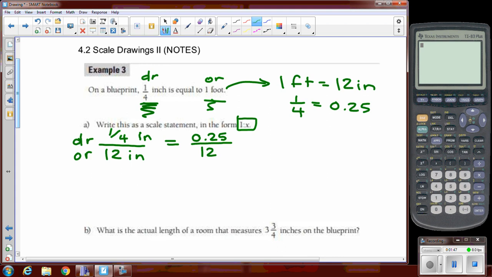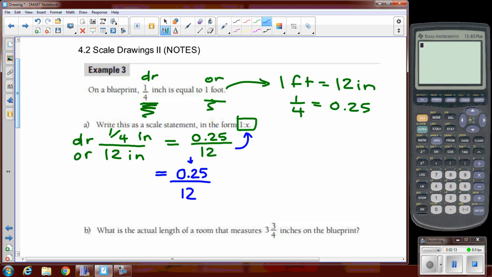So this is a good scale statement, except it does ask us when we look at this that we want the first number to be a 1. Now there's a few ways that we can look at this. One way from a purely mathematical standpoint is to say, well, if I need that top number to be a 1, I have to consider what do I multiply by 1/4 to get that to equal 1.